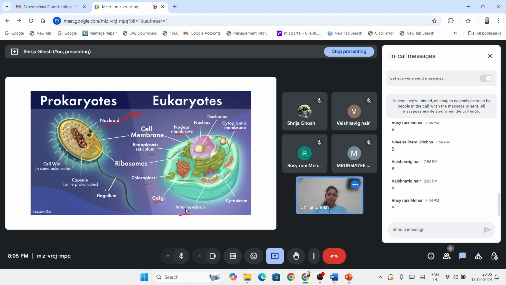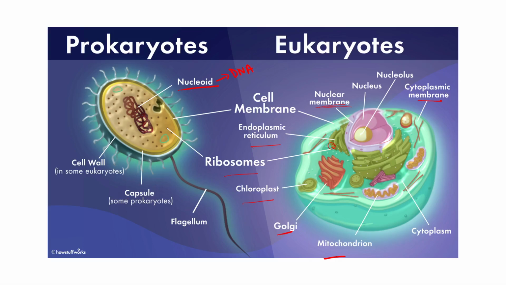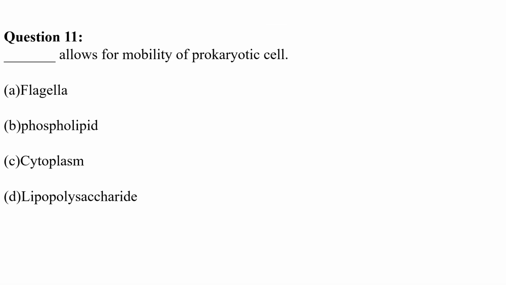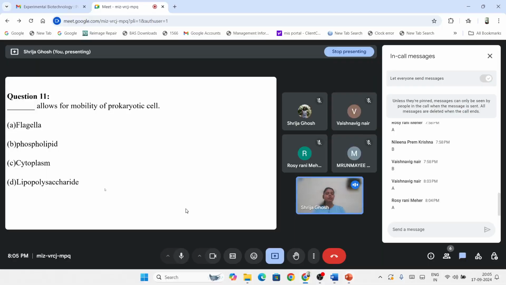Like we use our hands to swim in water, similarly bacteria, prokaryotes, are using flagella to swim in the environment. So flagella allows for mobility of the prokaryotic cell. Mobility means movement. I hope that's clear.